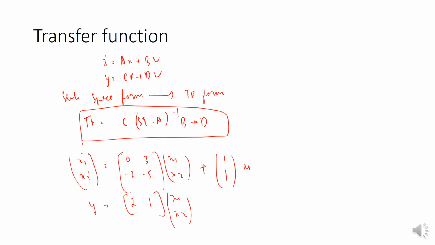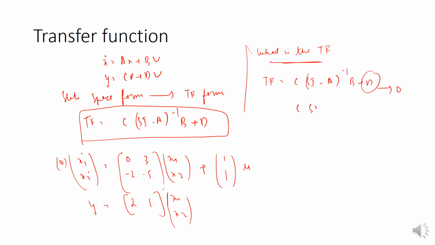We don't have a D. So suppose this is the question, and we are asked to find the transfer function. As we know, the transfer function is equal to C into (sI minus A) whole inverse into B plus D. Here D is 0, so it is C (sI minus A) whole inverse into B.